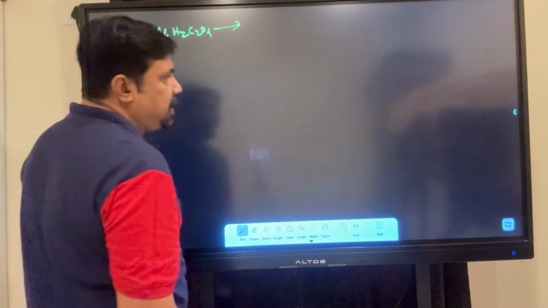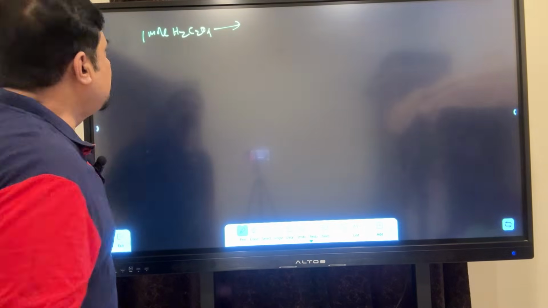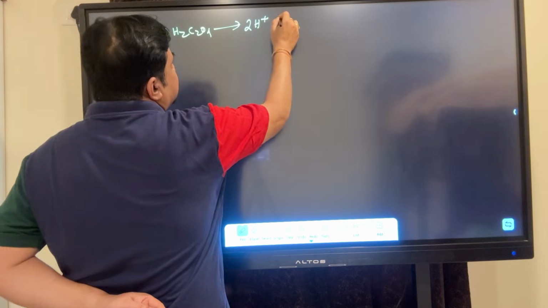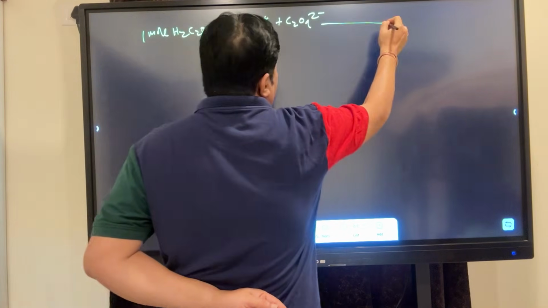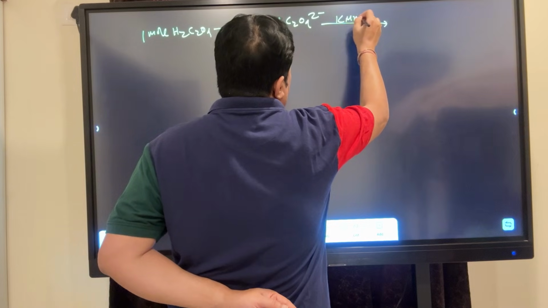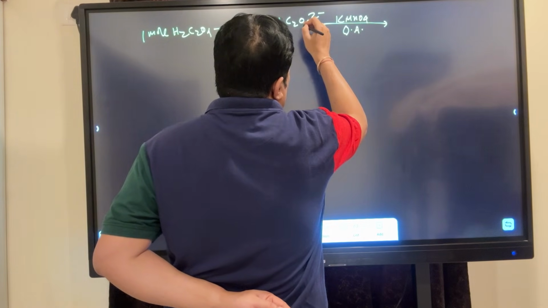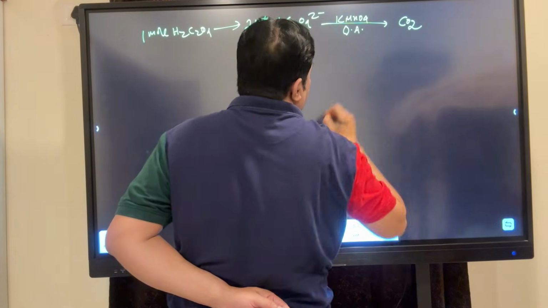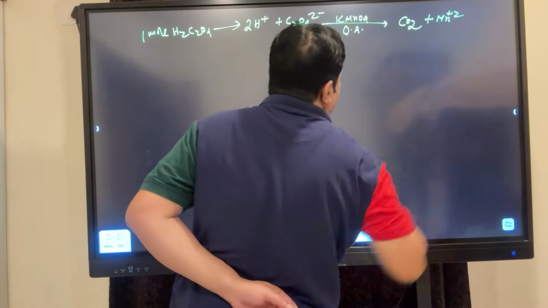Still, I am mentioning it to get clarity about the question. Now 1 mole of oxalic acid gives rise to 2H plus and C2O4 2 minus. Whenever it reacts with KMnO4, which is the oxidizing agent, it will oxidize the oxalate to CO2, whereas KMnO4 itself will be reduced to Mn plus 2 in acidic medium.